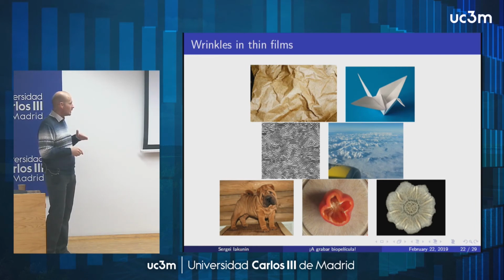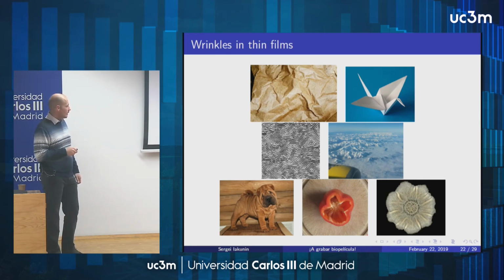For example, a soft layer with a thin metal sheet attached to it, and usually thermal expansion of the metal provides formation of wrinkles.